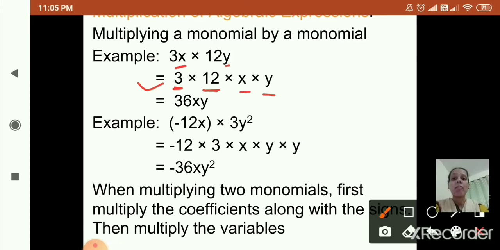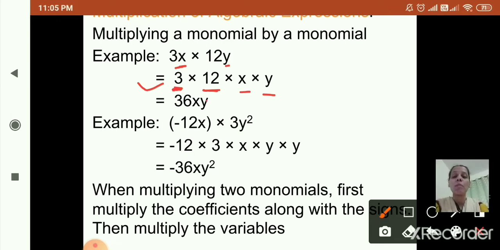Yes, we have started with multiplication of a monomial by a monomial. First we will multiply the coefficients with their signs and then we will multiply the variables. Here, in 3x multiplied by 12y, 3 and 12 are the coefficients and the variables are x and y.